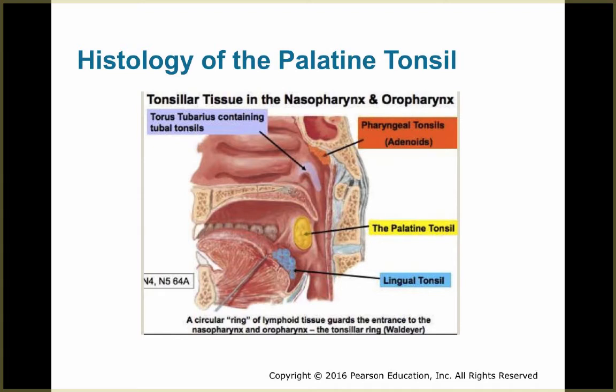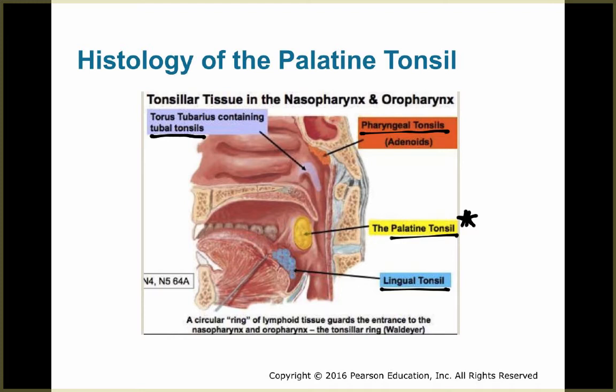So you can see here, the very first thing is that they're named according to location. So you have the tubal tonsils here, the pharyngeal tonsils here, the lingual tonsils right over here, and the palatine tonsils here. The largest and the one that's most often affected is the palatine tonsil, right?